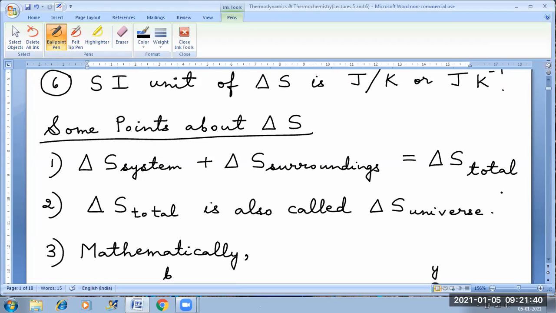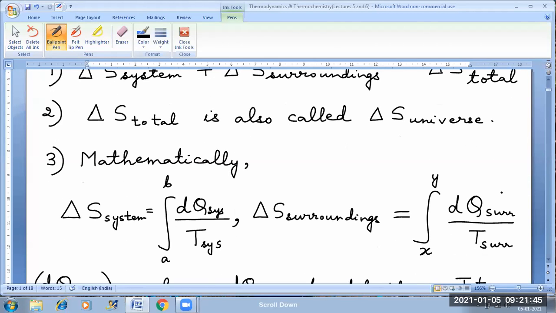Now let's get into the mathematical definition. Mathematically, delta S is defined as the integral of dq upon T. dq is heat exchanged.